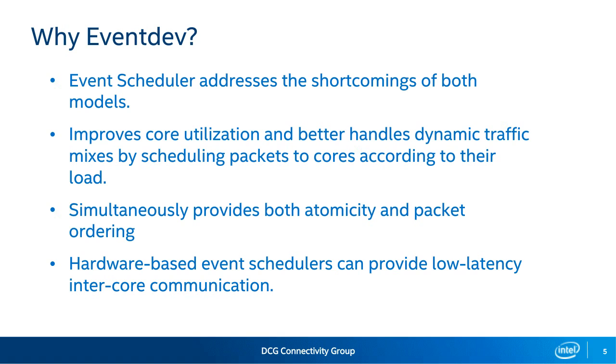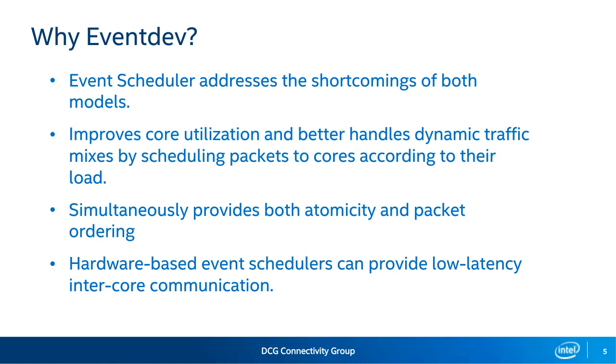But often things are going to change. There are different traffic coming in, different flows needed. So if you set up just one pipeline, it's pretty difficult to re-architect it depending upon dynamic flow changes, right? So we are trying to address that also here, and simultaneously provide atomicity and packet ordering capabilities built into the design itself.